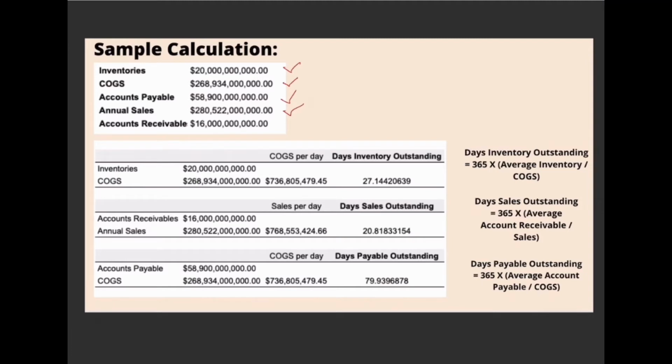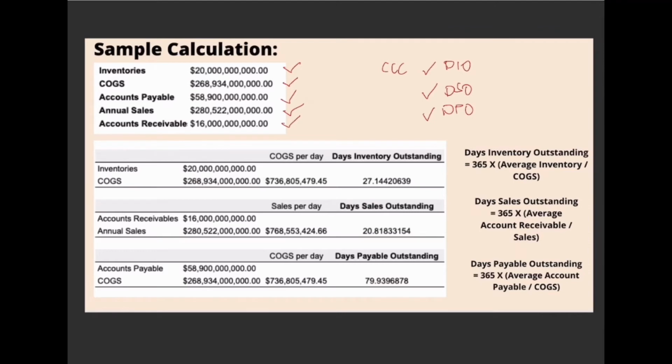In order for us to calculate the cash conversion cycle of a company, we need to first find out the days inventory outstanding of the company. We also need to find the days sales outstanding. And lastly, the days payable outstanding.